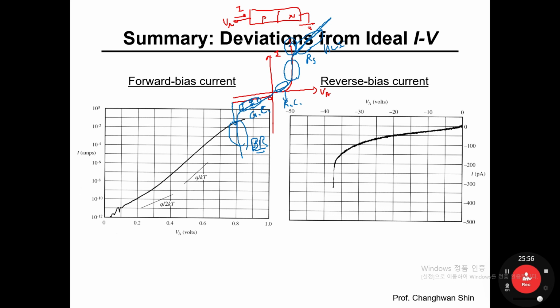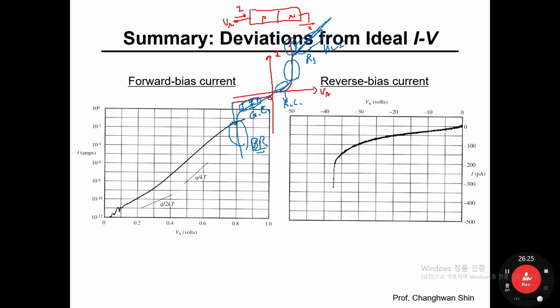Okay, so I hope you can fully explain the comparison between the ideal IV characteristic and the real practical IV characteristic. And you should draw the energy band diagram if necessary to explain the physical events and the physical origin of this difference between ideal IV and real IV.